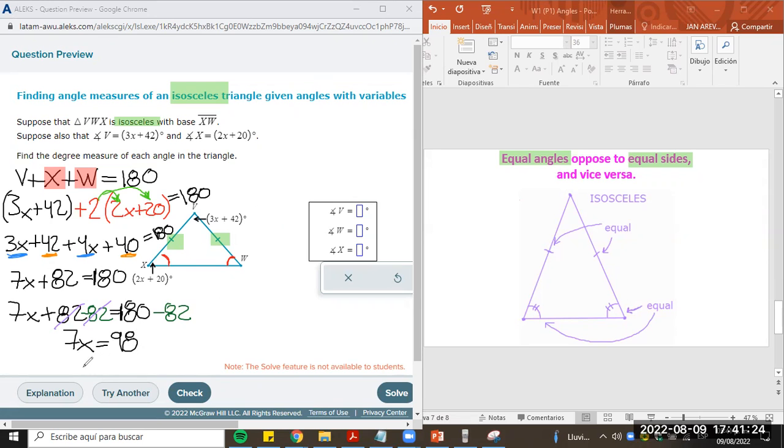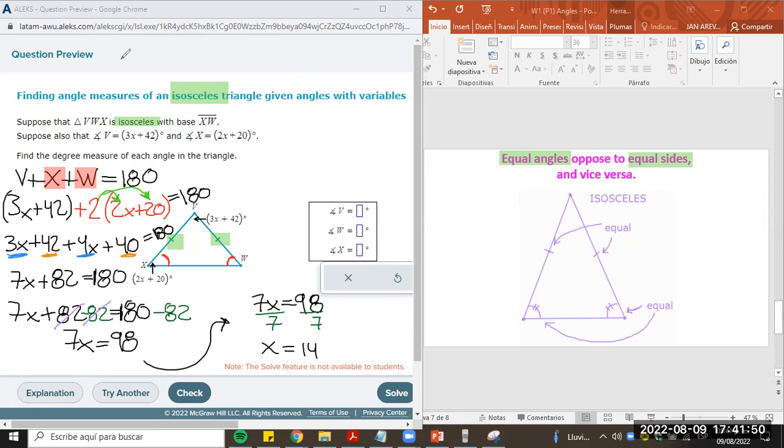And we're going to divide everything by 7, because 7 divided by 7 equals 1, and 1 times x is x on the left hand side, and 98 divided by 7 is 14.